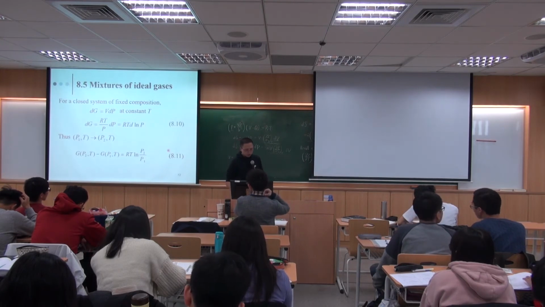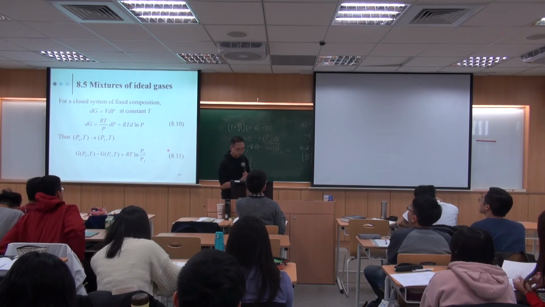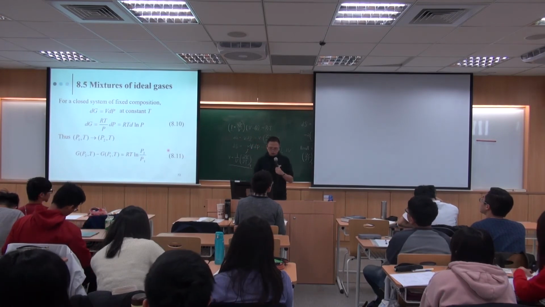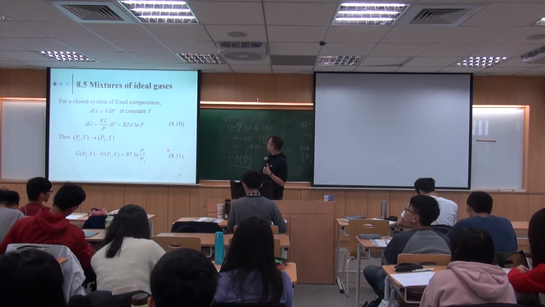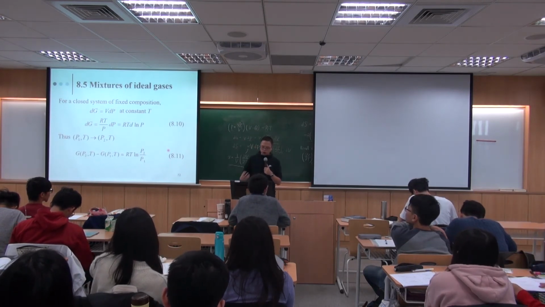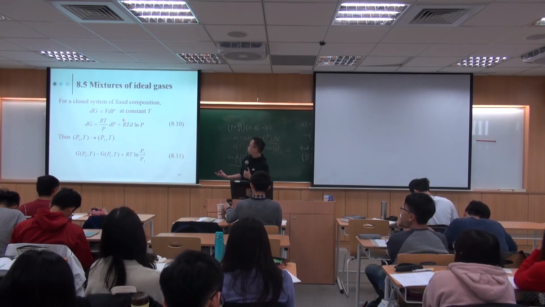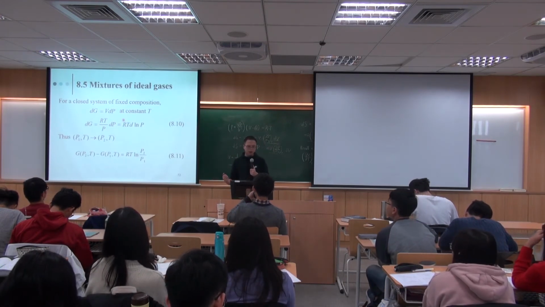Okay, so for a closed system, we already know that dG is V dP. Therefore, if you're dealing with an ideal gas, you can do this conversion to RT d log P. We've already seen that several times.